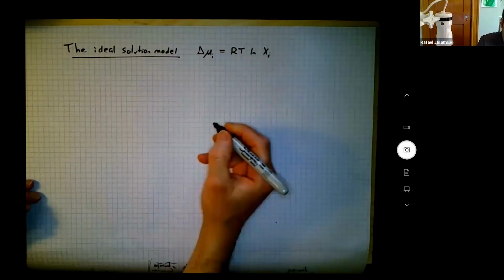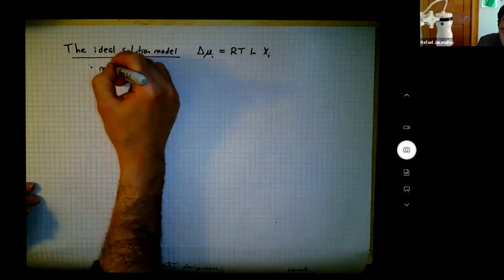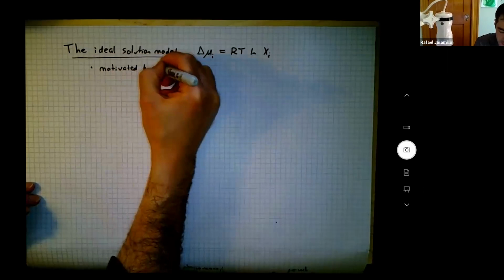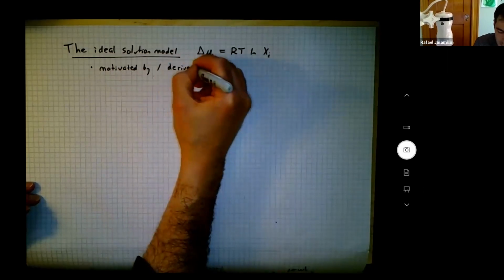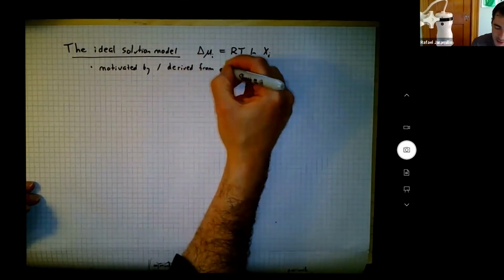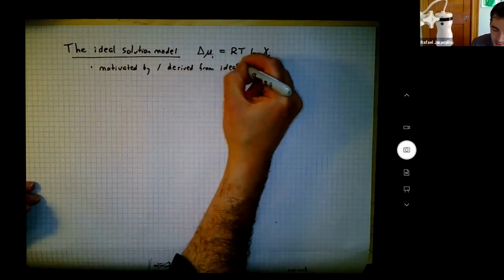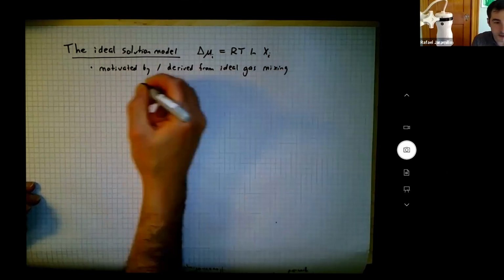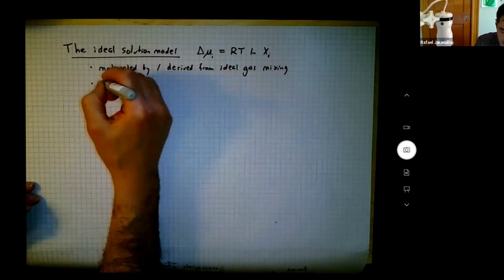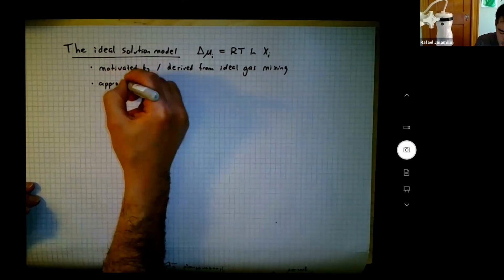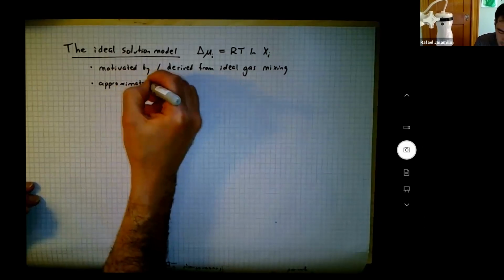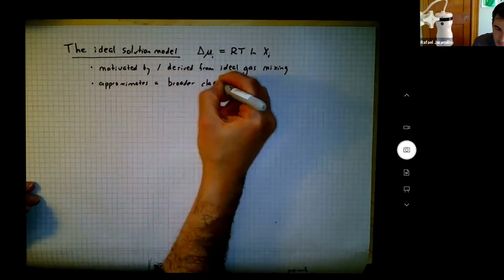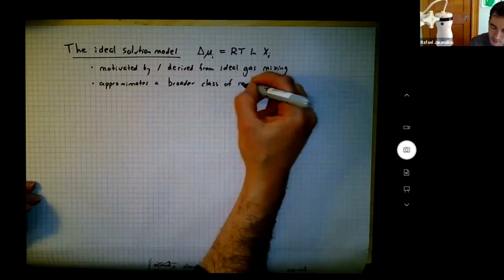So this model, it's motivated by or derived from ideal gas mixing. But it approximates a broader class of real-world systems.